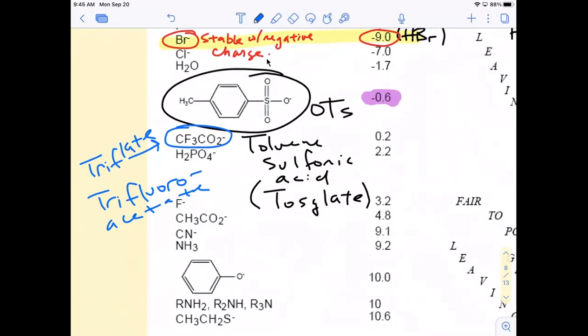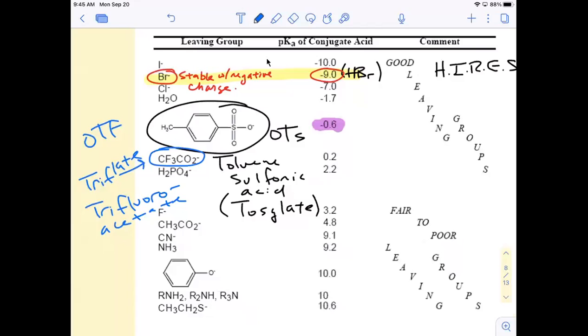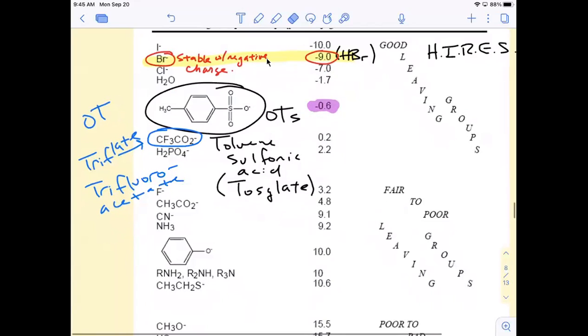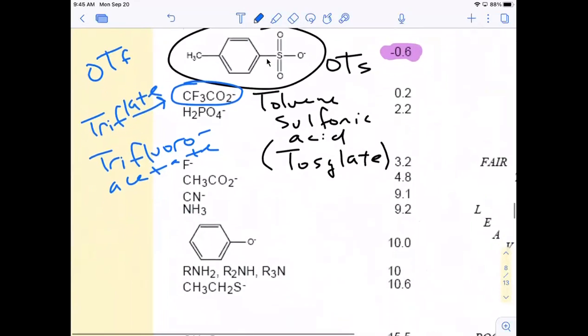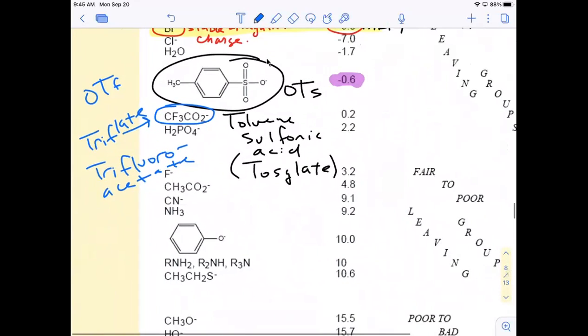All right, so the triflate, and you abbreviate that as OTf, lowercase f, sorry. It looks uppercase, but it's just my terrible handwriting. All right, so that's the triflate. And if you look at the pKa of the conjugate acid, that's also a very good acid. It has a pKa of 0.2.